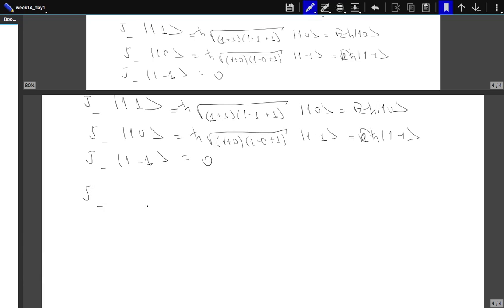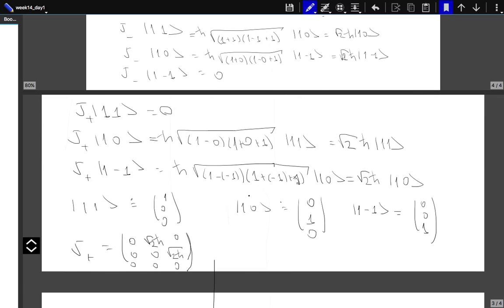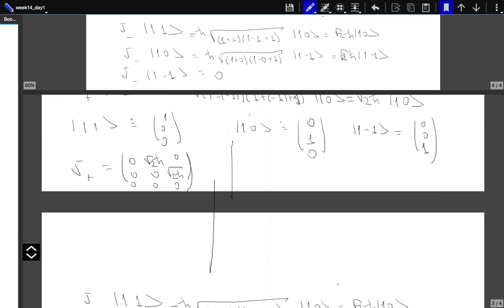So we can just straight away write the matrix representation of J minus. This time it will be 0, 0, 0, √2 ħ, 0, 0. I think I made a small mistake.